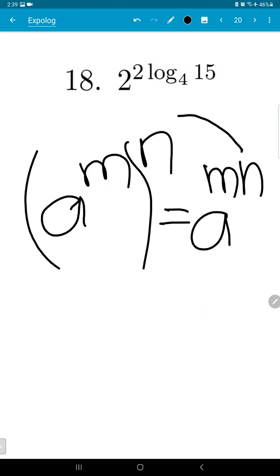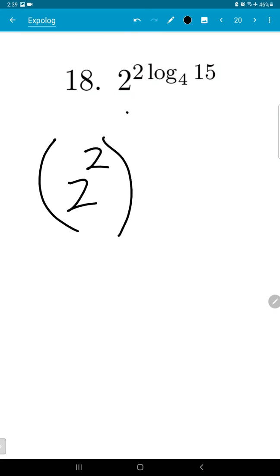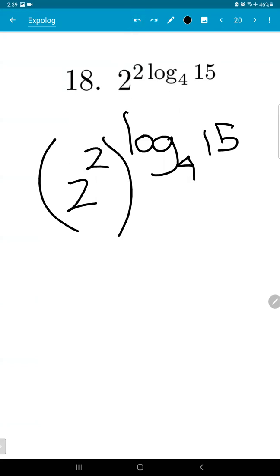A to the mn equals a to the m to the n. So that means you can write this one, this is the trick, as 2 squared raised to that number, right? If you multiply, this is an exponent within an exponent. So if you multiply, get back to this, which makes it, okay, 4.